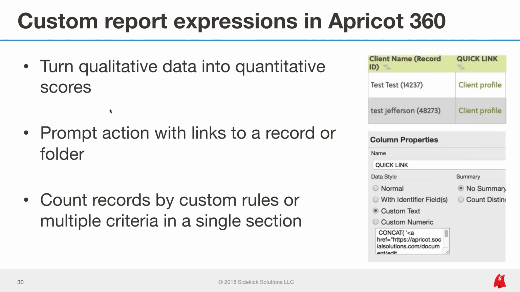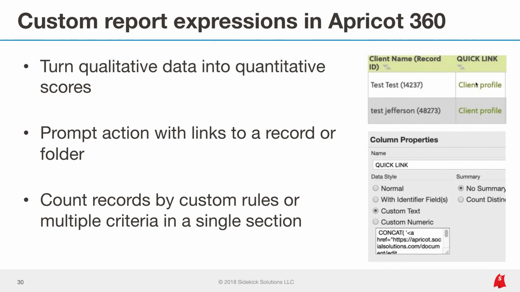So next up and finally is custom report expressions. This is a really nifty tool that if you have Apricot 360, I highly encourage you to explore. You can use it for assessments to turn qualitative data into quantitative scores. You can also use it to prompt action with links to a record or folder. This is what I've demoed here in these screenshots.